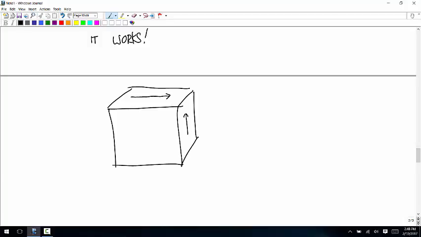What that would do to this shape is deform it like this. It's like if this is your hand, you're pushing this way, and this is your other hand, and you're pushing this way.